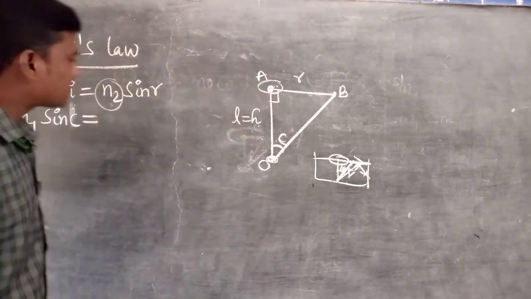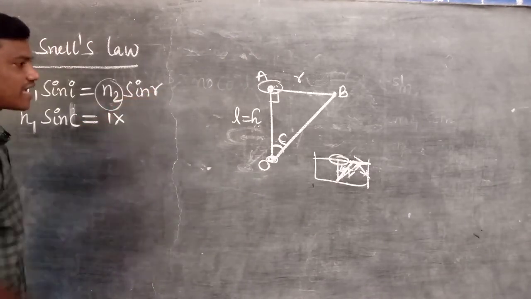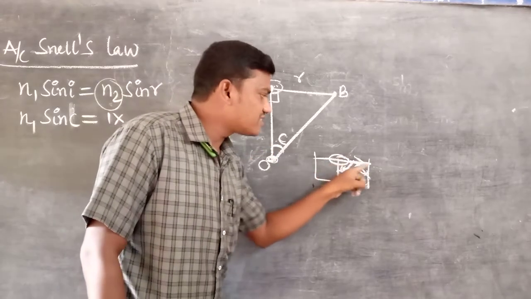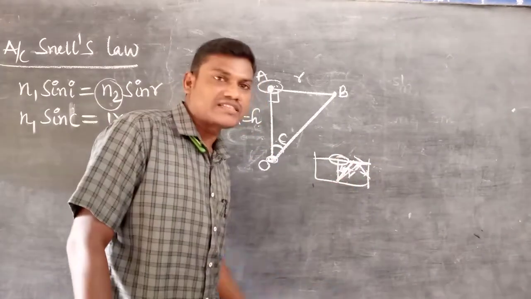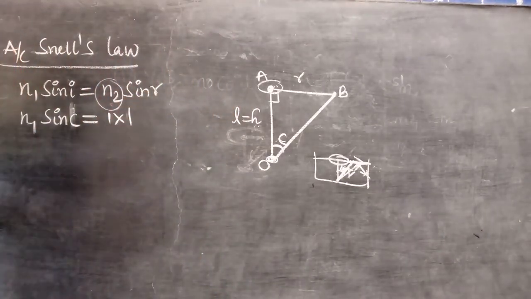What is the refractive index of air? 1, into sin R. Sin R means at the critical angle the refracted ray grazes the surface. At that time, what is the refracted angle? 90 degrees. Sin 90 is 1. So what can you write?